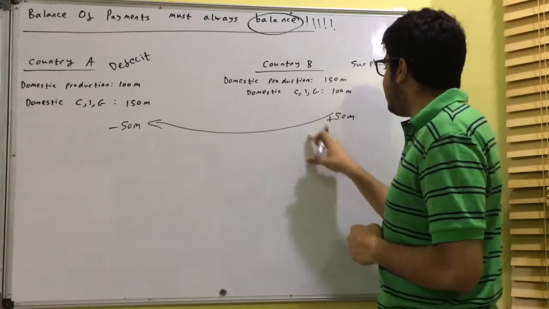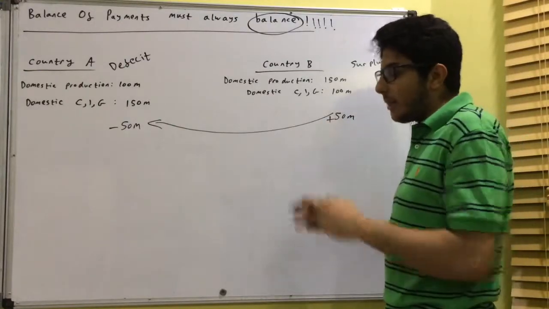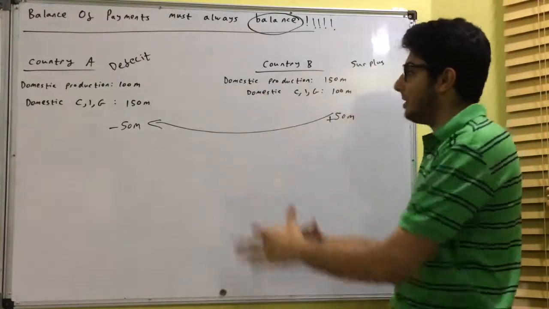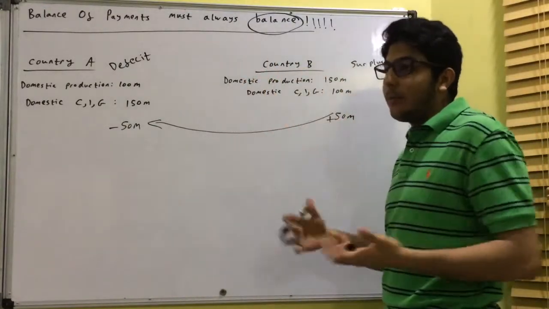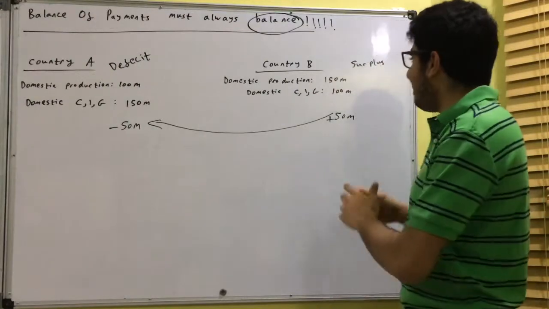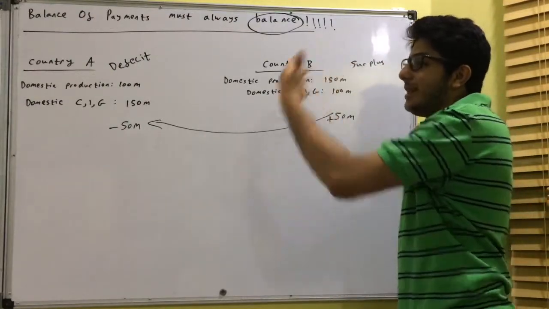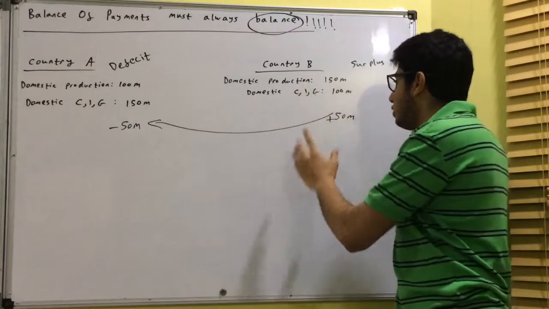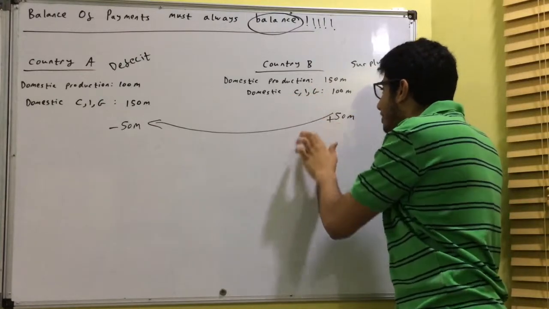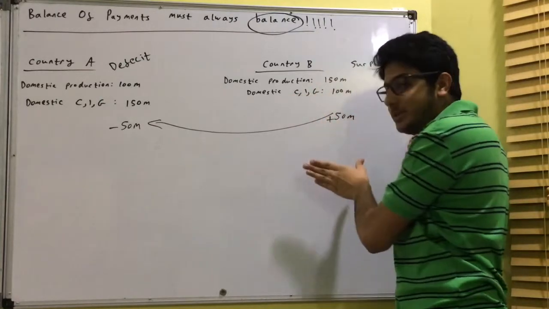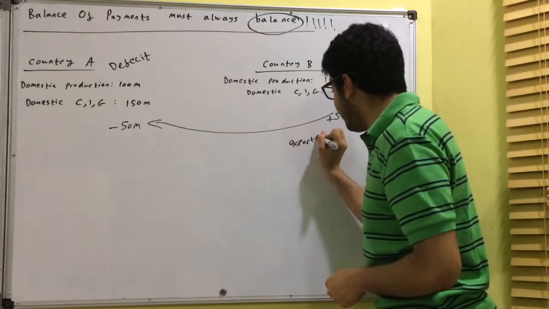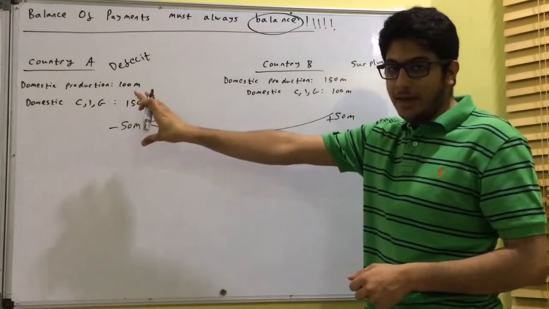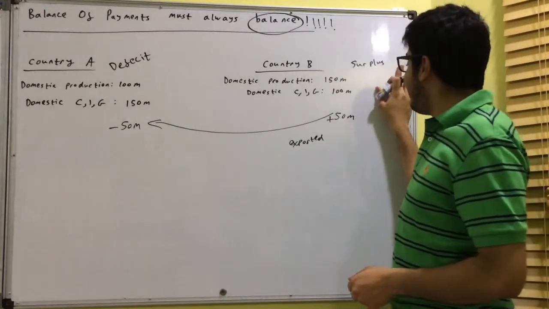Obviously this is a huge simplification of a complex economic concept, but it's just so it's easier for you to understand. Basically, I'm assuming that the extra 50 million that Country B produces gets exported to Country A. So that's a surplus here.